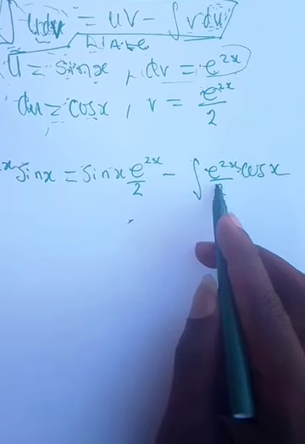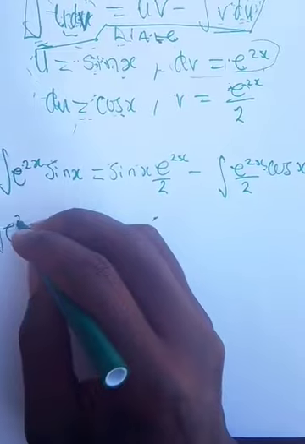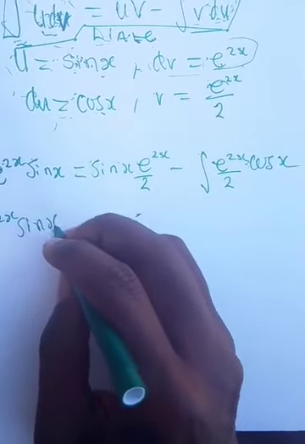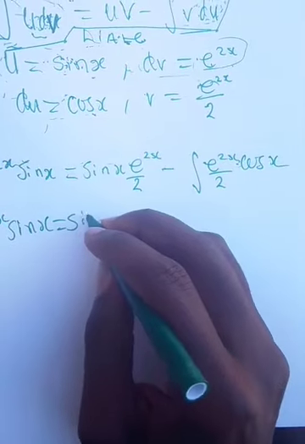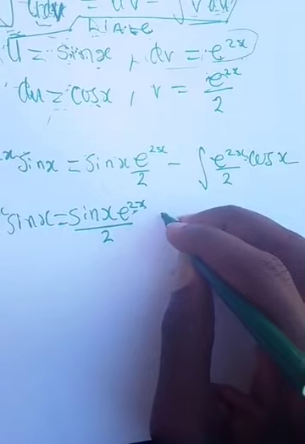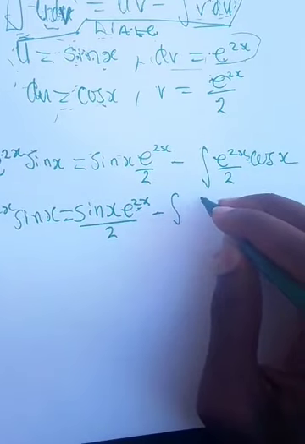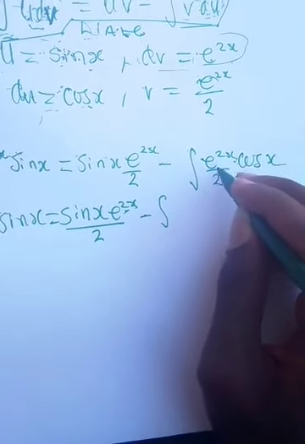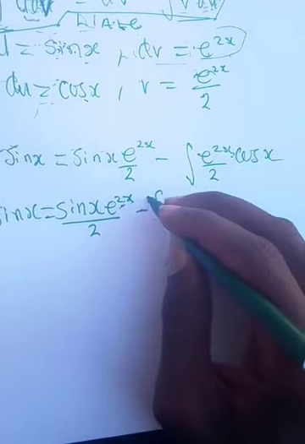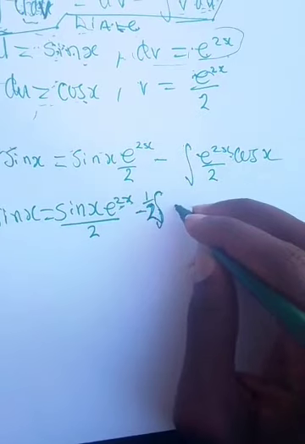So it's going to be e to x sine x is equal to sine x e to x over 2, right? And so I want to take out this 2 on the denominator, so I can write 1 over 2, right? And I'm going to remain with e to x cos x.